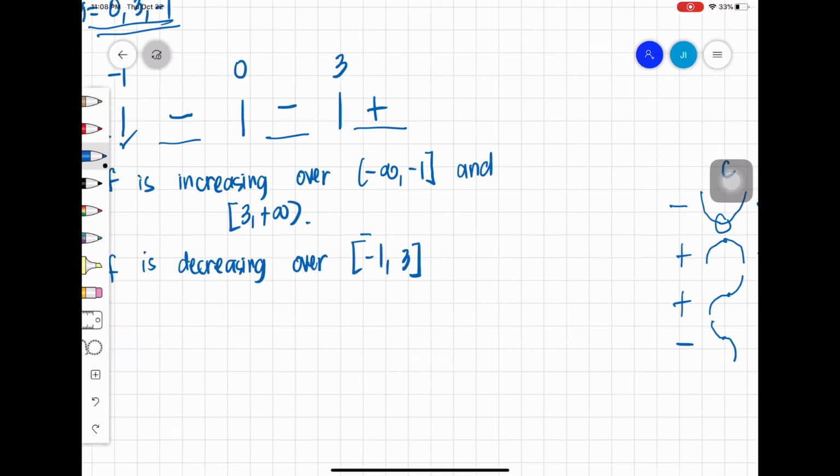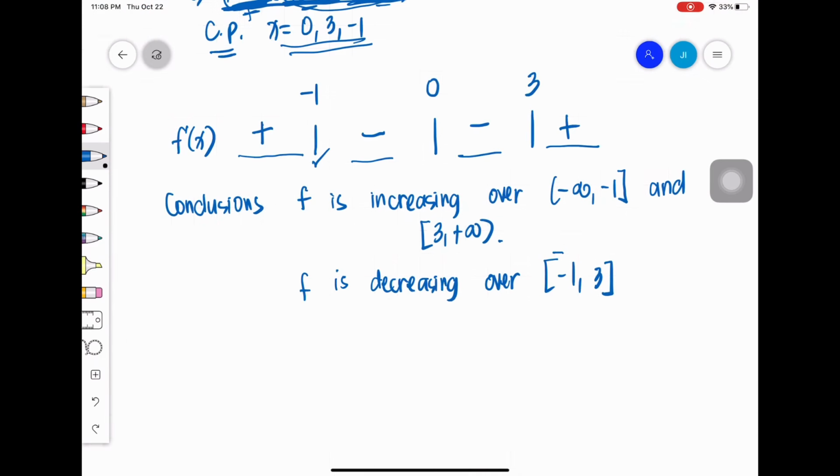So going back to our discussion, what can we say about the critical points -1, 0, and 3? Before -1, you are increasing, and after -1, the function f is decreasing. That means f has a relative maximum at x equals -1.